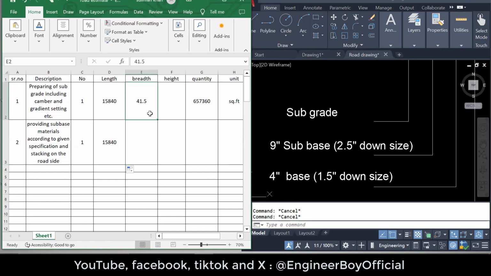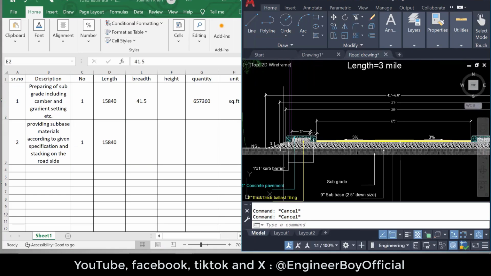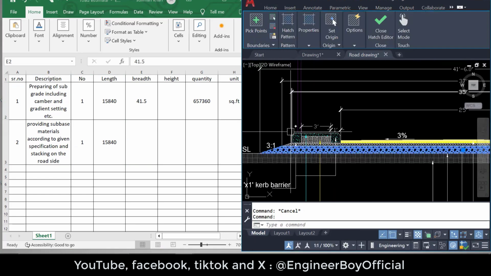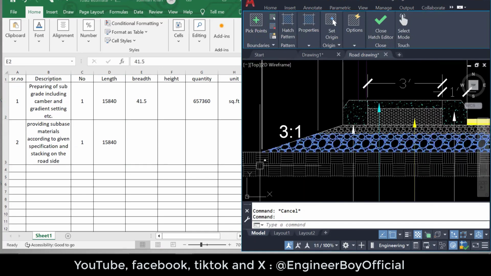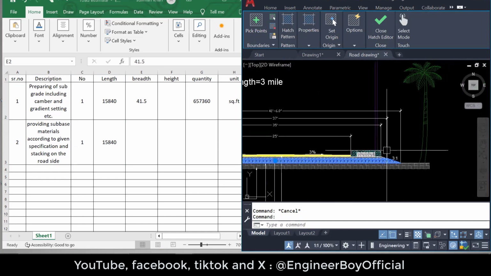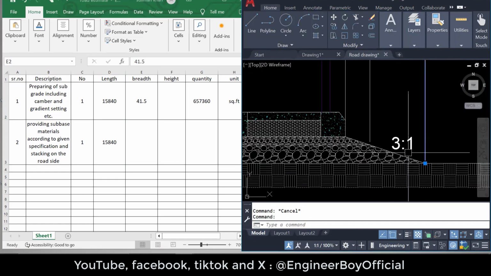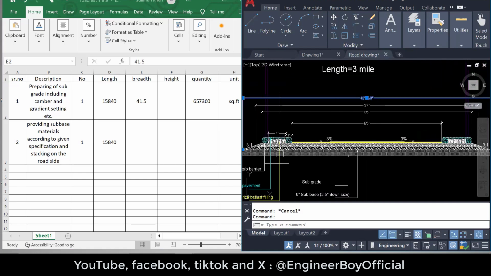Now, what should be the breadth? This is very important. You have to look for the dimensions. As you can see, this is actually the subbase, and over here we have 2 dimensions. Up to this point, it is actually 41 feet and 6 inches. But over here we have slope at both ends, and these are the side slopes.